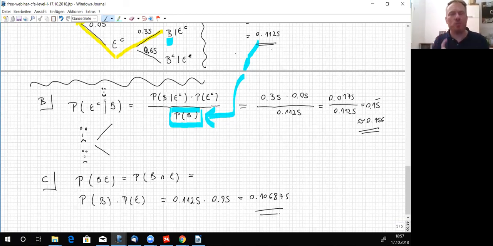Now, the multiplication rule. The multiplication rule goes this way.